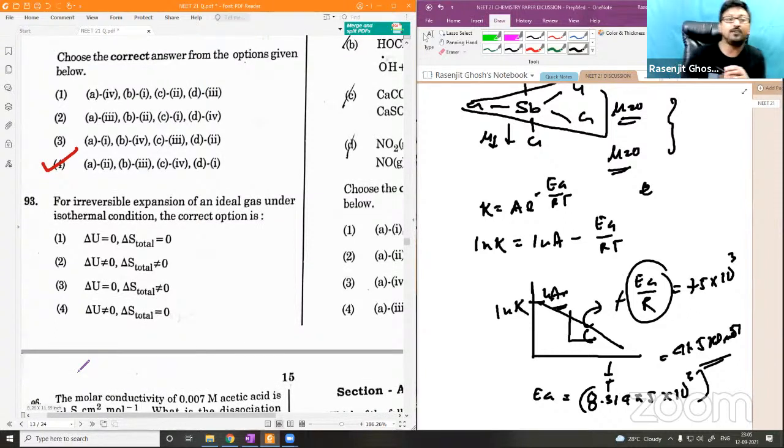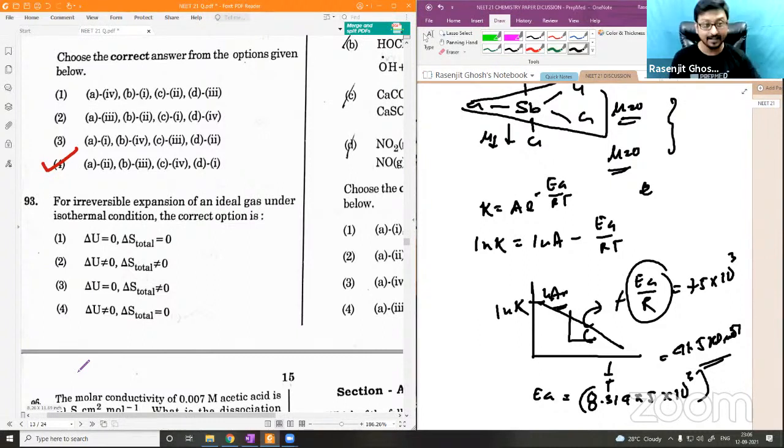For irreversible expansion of an ideal gas under isothermal condition, the correct option will be... Now, when I'm saying isothermal condition, definitely my delta U should be 0. It does not matter whether it is reversible or irreversible, in this case your delta U should be 0.